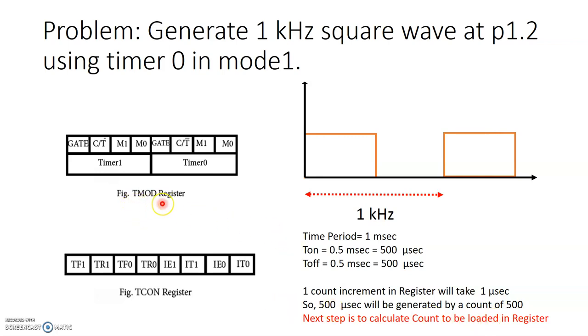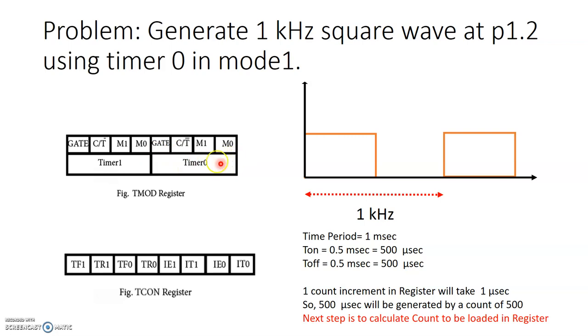Before that, let's look into two more registers, which are basically SFRs, used by the timer. The TMOD register is the timer mode register. It's basically an 8-bit register, but it can be divided into two parts: the lower 4 bits and the higher 4 bits.